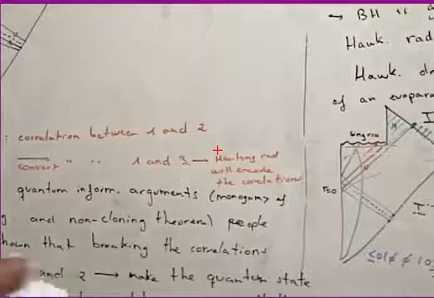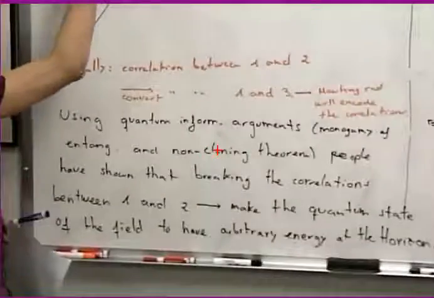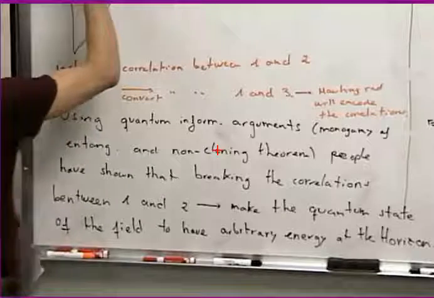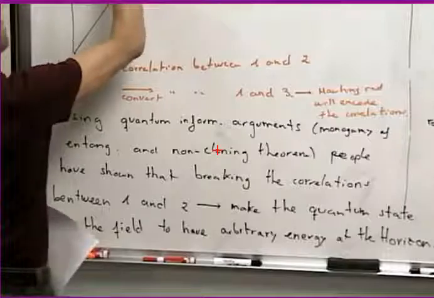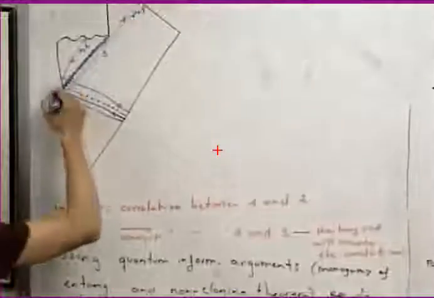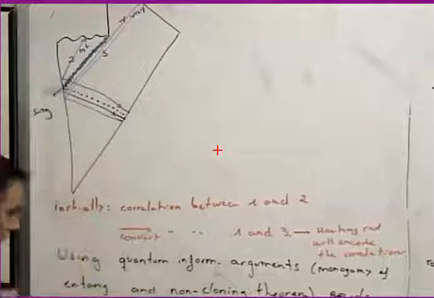So the statement is that if you want the correlations to come out with Hawking radiation, it is unavoidable that the quantum state is singular here. The energy of the quantum field will be infinite there. You will have a singularity. This is what people call the firewall.